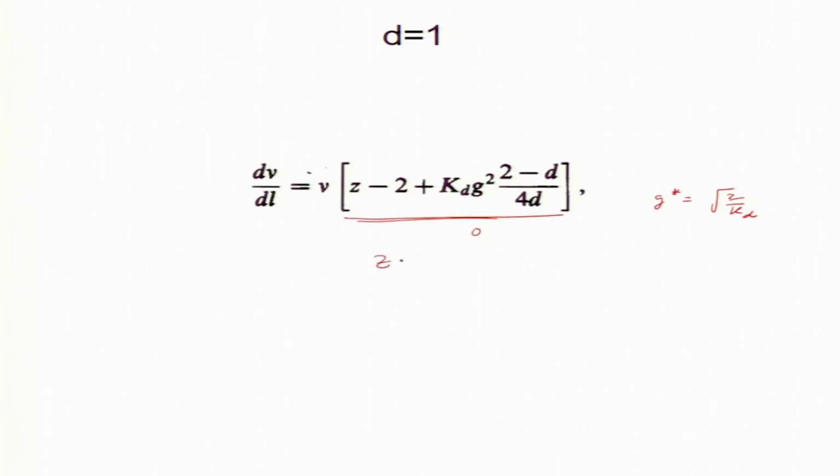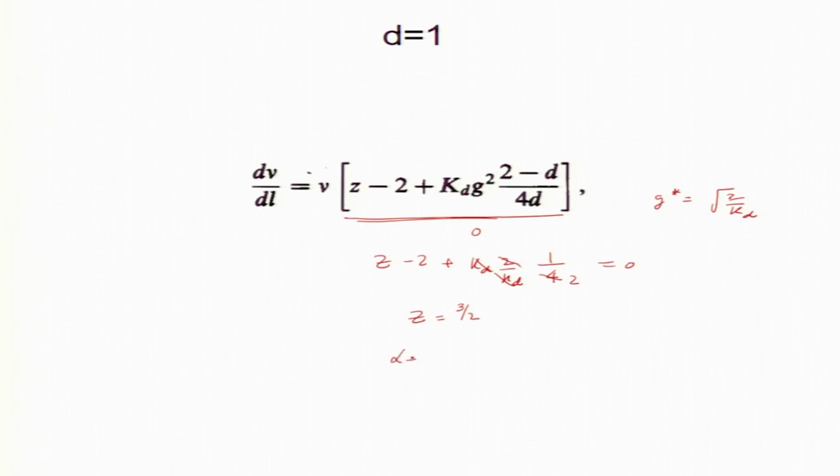So, z minus 2 plus kd G square, which is 2 by kd, and d equal to 1. So, 2 minus 1 by 4. So, kd cancels, this cancels, and this is 0. So, z equal to 2 minus half, which is 3 by 2.